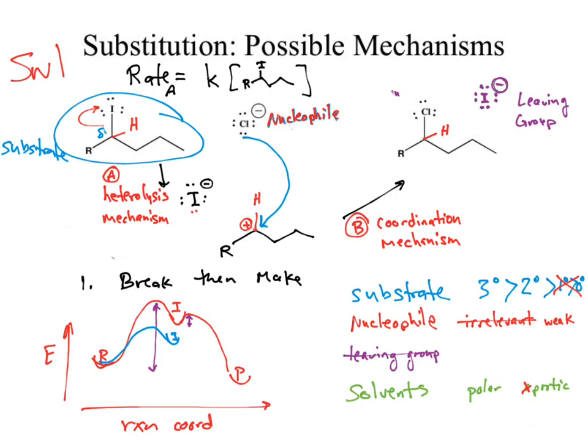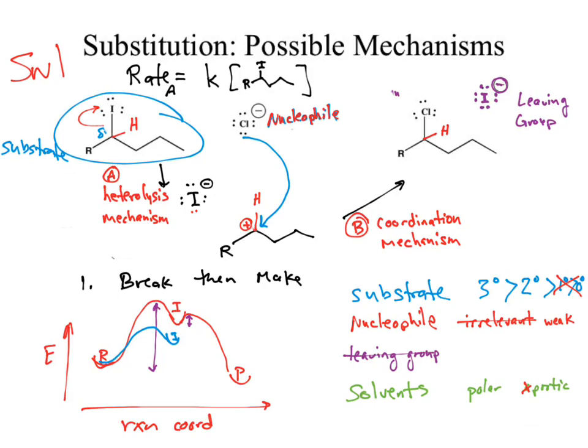For the SN1, the most important thing is that leaving group leaving. Because that is our rate determining step, I'm concerned about that activation barrier. That activation barrier is closest to the intermediate in energy. So if I can drop the intermediate energy, my activation barrier drops. So in an SN1, yes, I'm going to be primarily concerned about the intermediate.